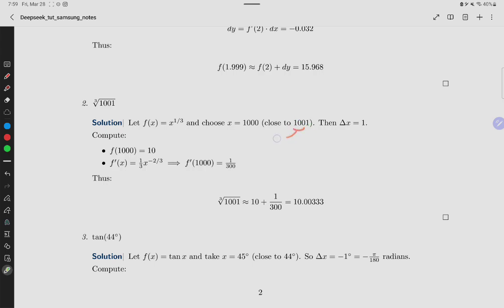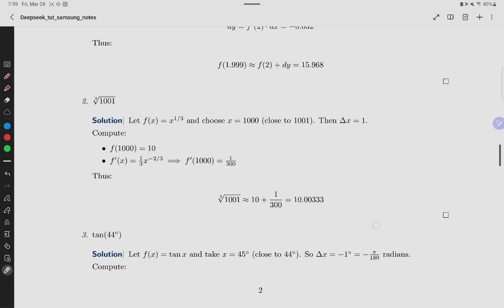Then my delta x is equal to 1. If this was 999, then delta x would be minus 1 because it is getting reduced, but in this case it is adding, so delta x has a plus sign. The rest of the procedure is the same.